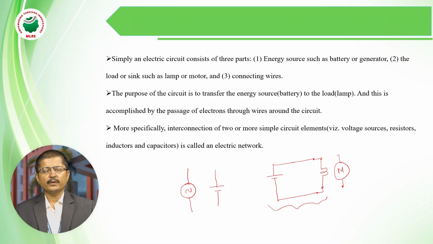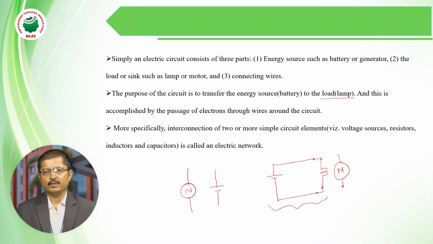What is the purpose of the circuit? The purpose of the electrical circuit is to transfer energy from source to load. The source may be a battery, an alternating voltage source, or a direct current source. Whatever energy is there is supplied to the lamp or load.